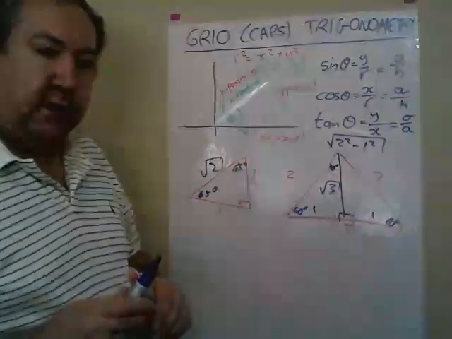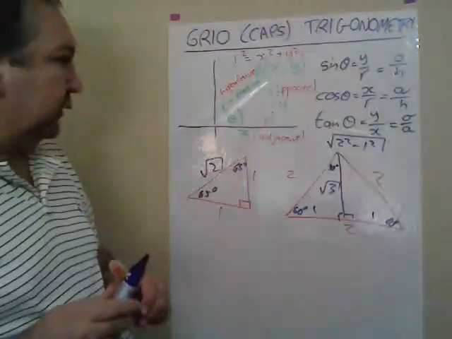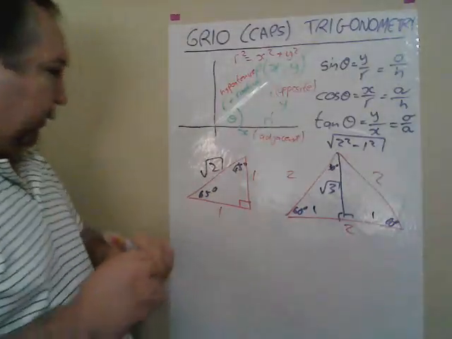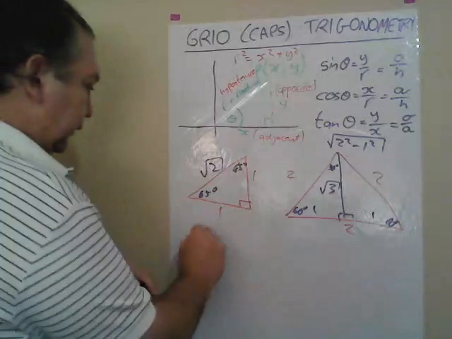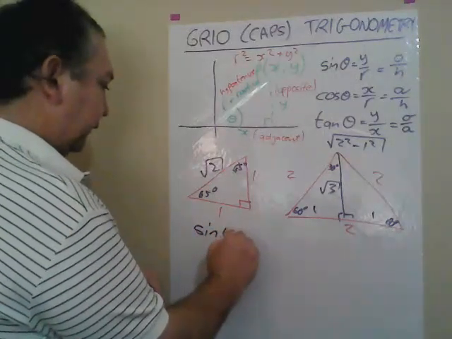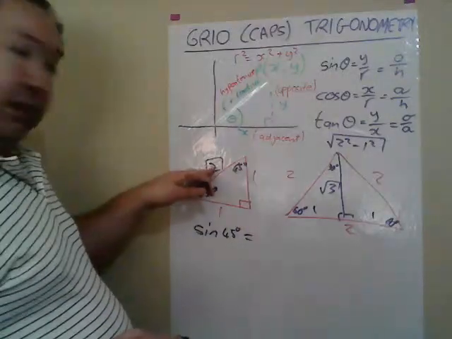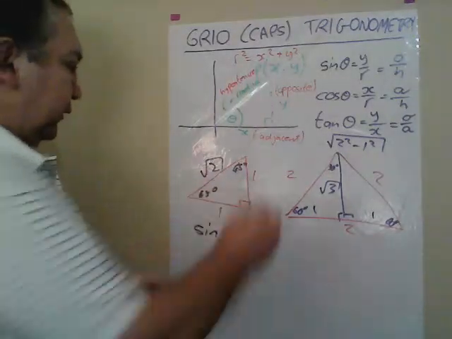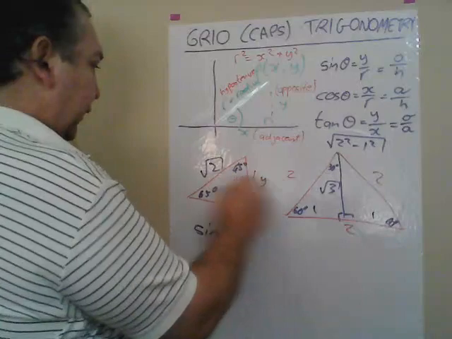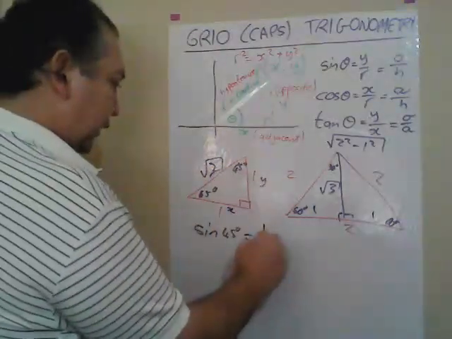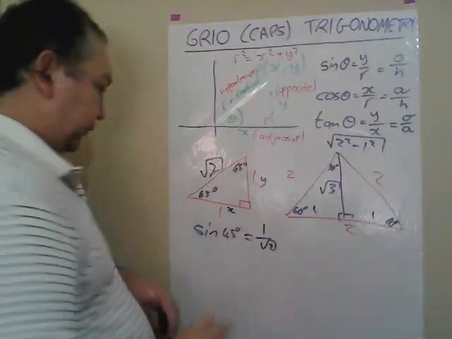Okay, now we can define sin, cos, and tan for each of them. So sin of 45 degrees is equal to opposite over hypotenuse, y over r, which is 1 over square root of 2.